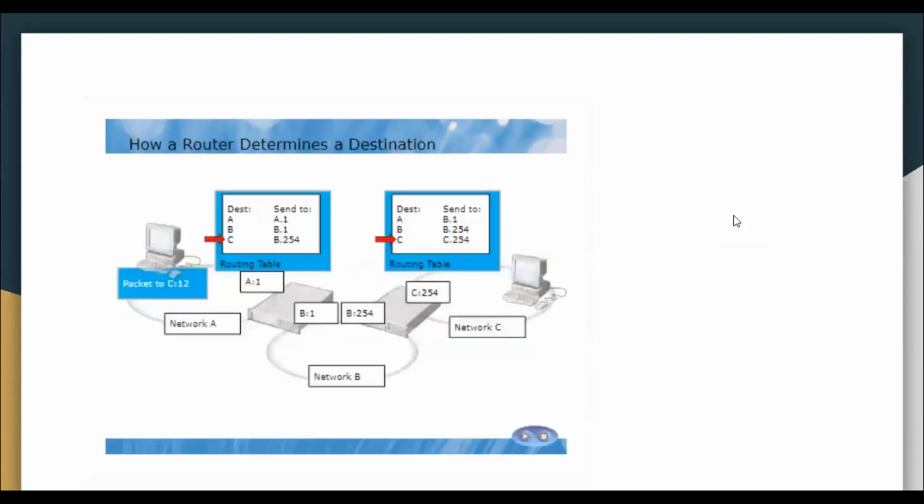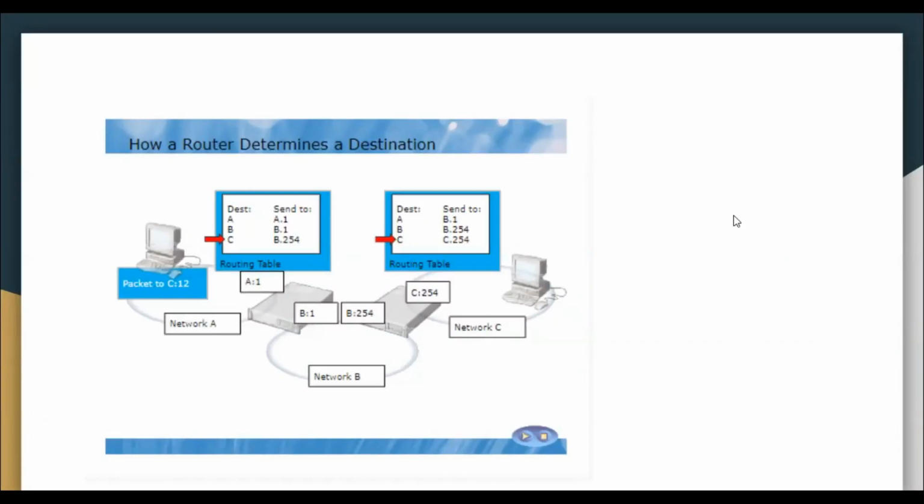So how does a router determine a destination? We all know that the primary function of a router is to determine the best path to use to send the packets.